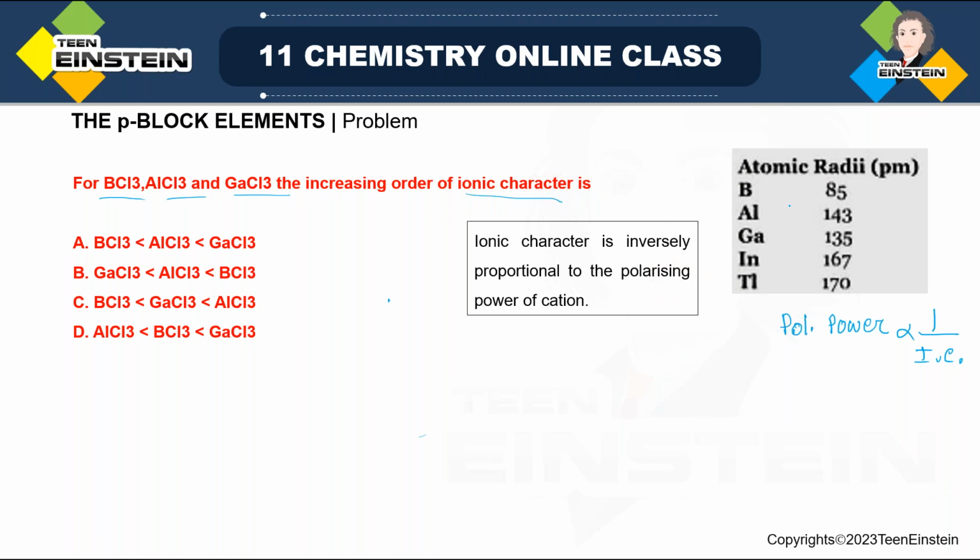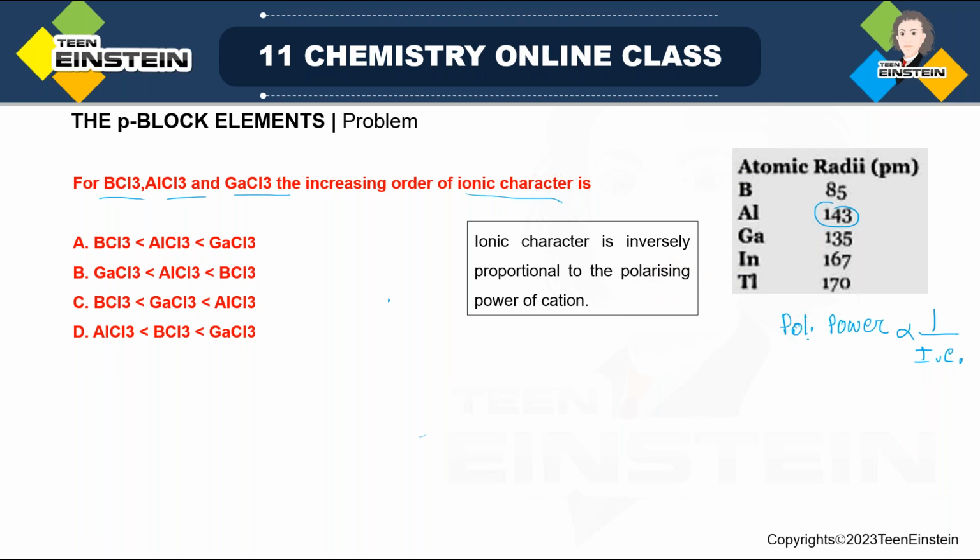When we are giving the explanation, we have to consider atomic radii, don't consider the ionic radii. It is true that for ionic radii down the group there is a smooth increase, but when we are giving the explanation here, we have to consider atomic radii. So size, if you see, it is maximum for aluminium first, after that it is gallium, and then it is boron.